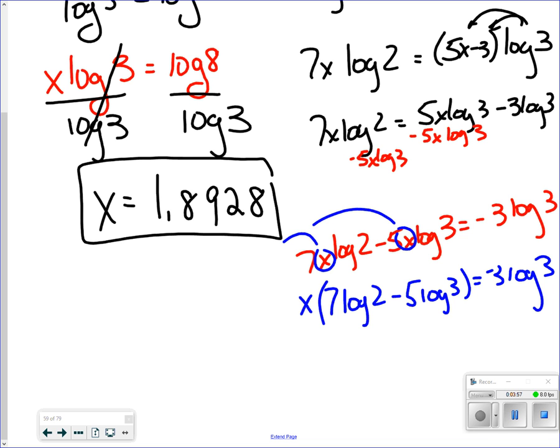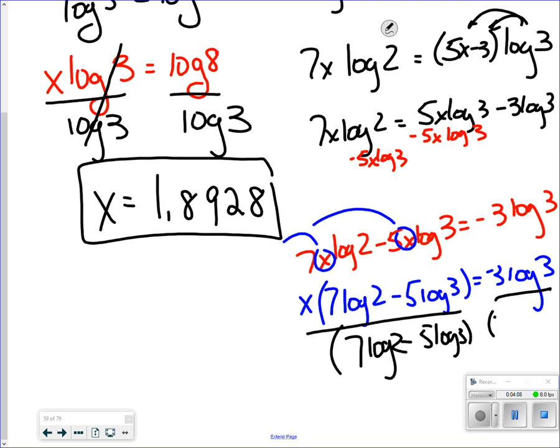Now, because it's x times, using inverse operations, I can divide by that entire parenthesis to both sides. And I don't have a lot of space here, but 7 log 2 minus 5 log 3.